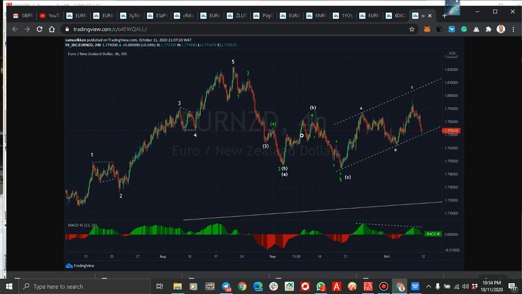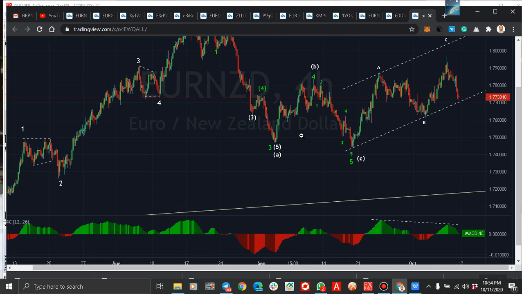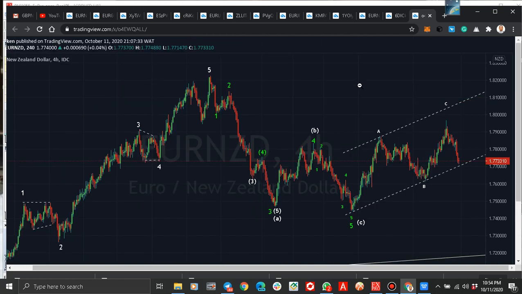We don't have much to show on the daily chart and some other higher time frames. But on the 4-hour chart, we have some interesting setups to show. On the 4-hour chart, the first option we have is that this is an impulse.